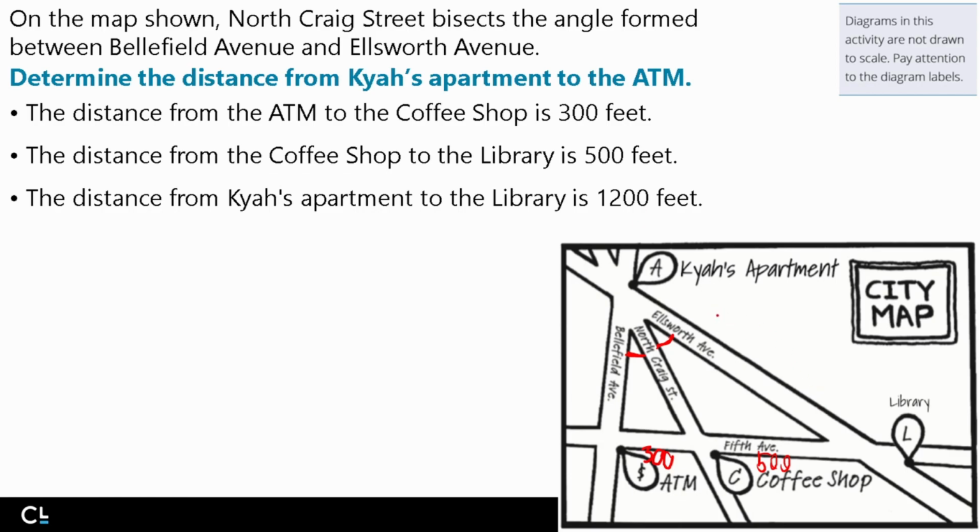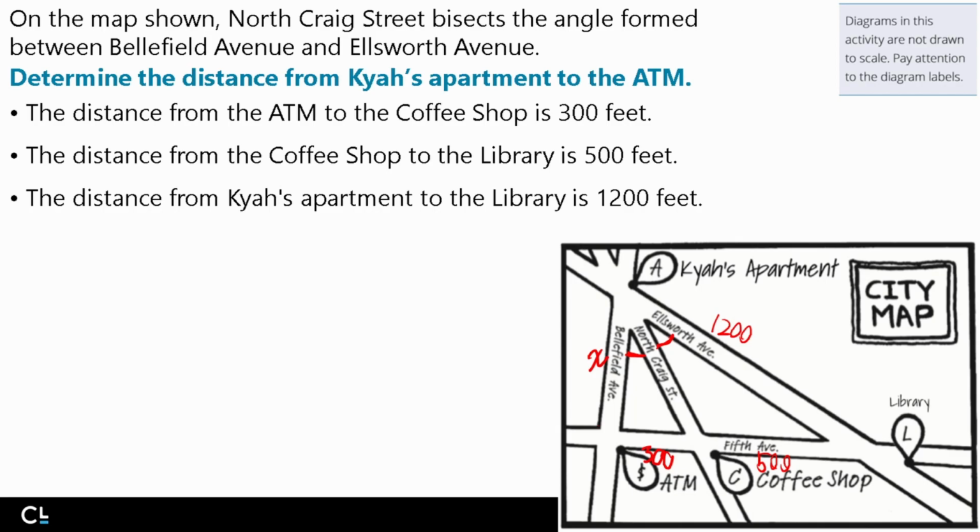So right here, 1,200 feet. Now, what do we want to know? In the blue, it says what we want to know. It says determine the distance from Kaya's apartment to the ATM. So we want to know, let's say right here, that X.